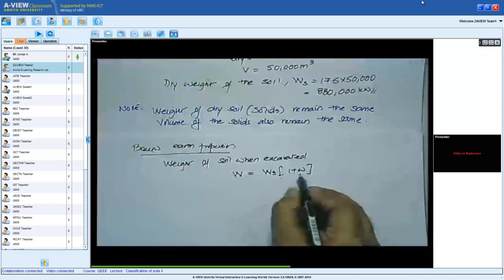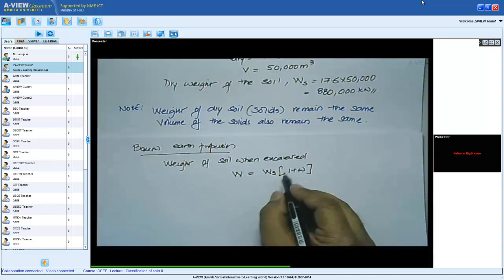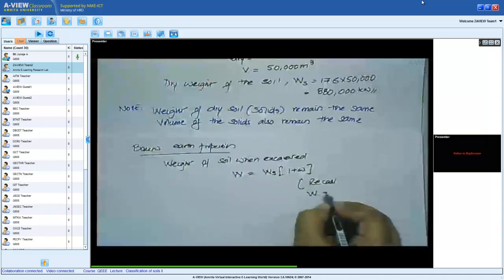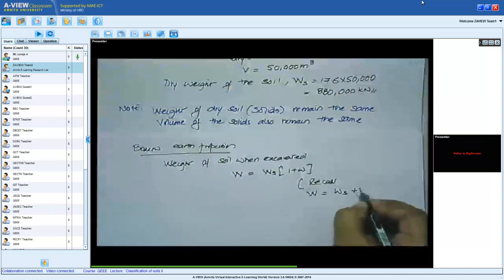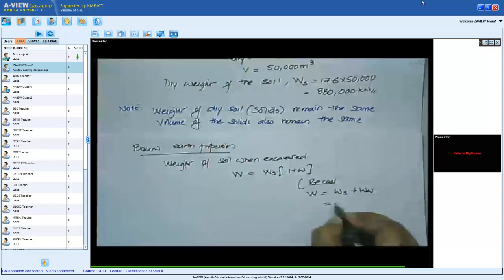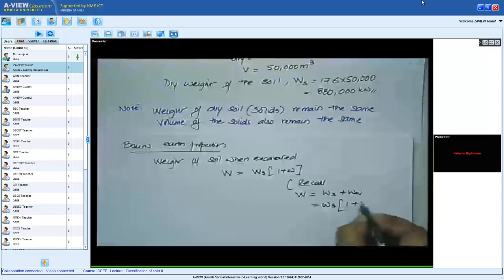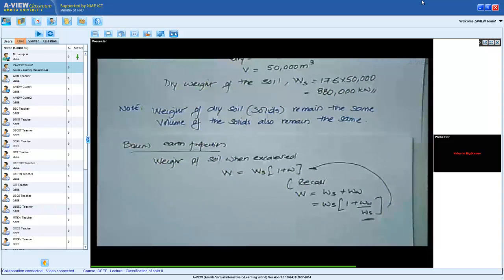We have done this, it's simple. Recall W equals weight of solids plus weight of water, which equals weight of solids, I can take this out, times 1 plus weight of water divided by weight of solids. The second term is water content.